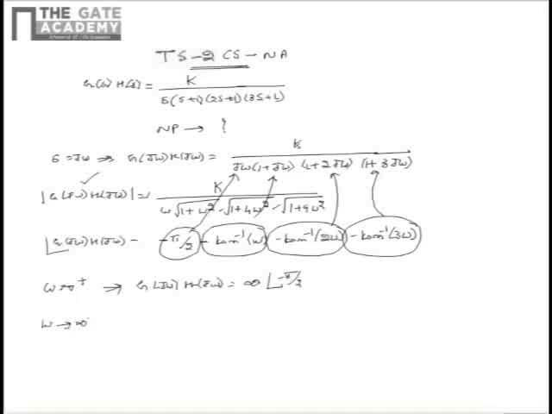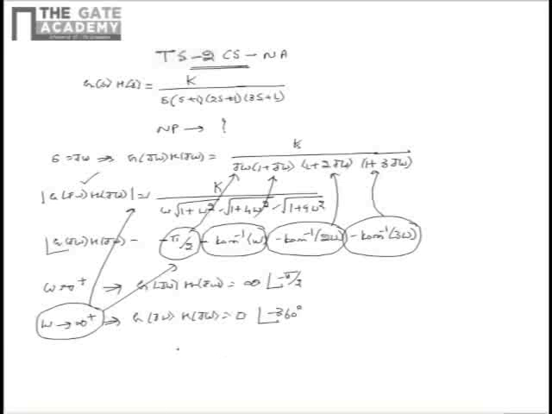Similarly, as ω tends to infinity, G(jω)H(jω) can be written as 0 at a phase of -360 degrees, because at ω = ∞ the magnitude is 0 and the phase is -360 degrees. From this, we can plot the Nyquist plot of the control system.